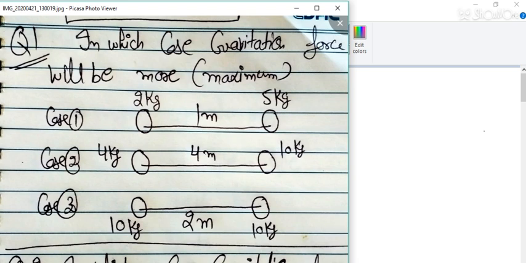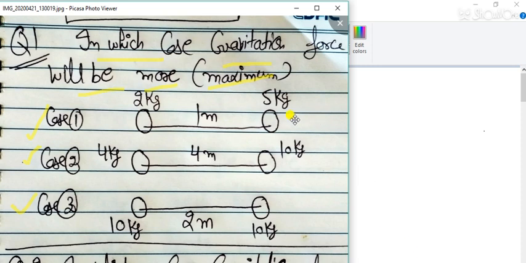So I am taking the first question: in which case will the gravitational force be more, or you can say maximum? Students, here we have three cases: case number 1, case number 2, and case number 3. You have to consider two factors here.